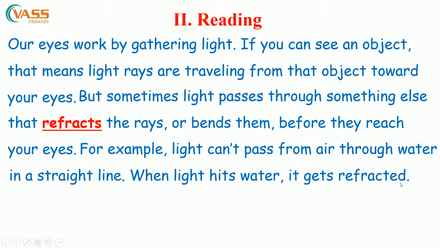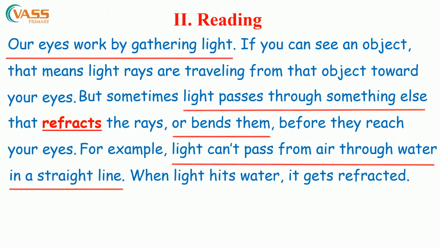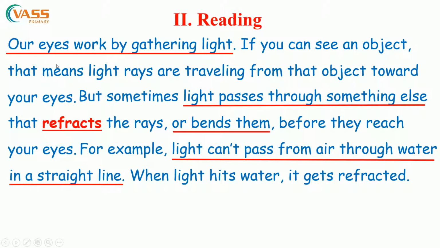Now, let's look together in the paragraph and try and find the key sentences. You found them. Starting from the beginning, our eyes work by gathering light. When you see, all the light enters your eyes and it gathers together and sends a signal to your brain.